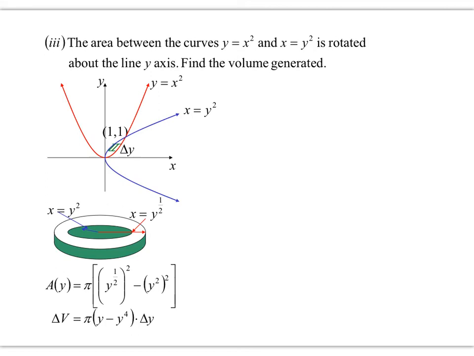Simplifying that slightly, you end up getting y take away y to the power of 4, and then multiplying that by the small thickness, which is the volume. So just to clarify that, delta V, small volume, because we end up having a very small change in y right here, so that's why it's a delta V. Now when we find the volume, we go from the y values of 0 to 1, and we're finding the sum of all of those volumes going from 0 to 1.